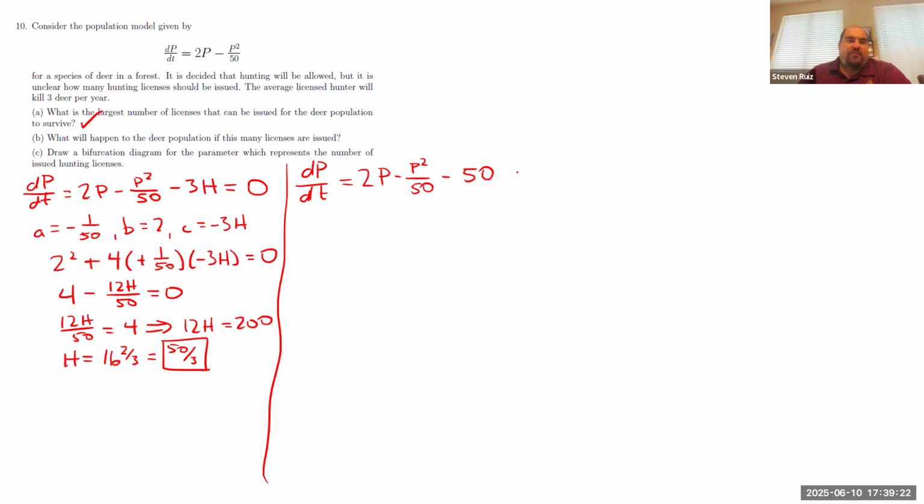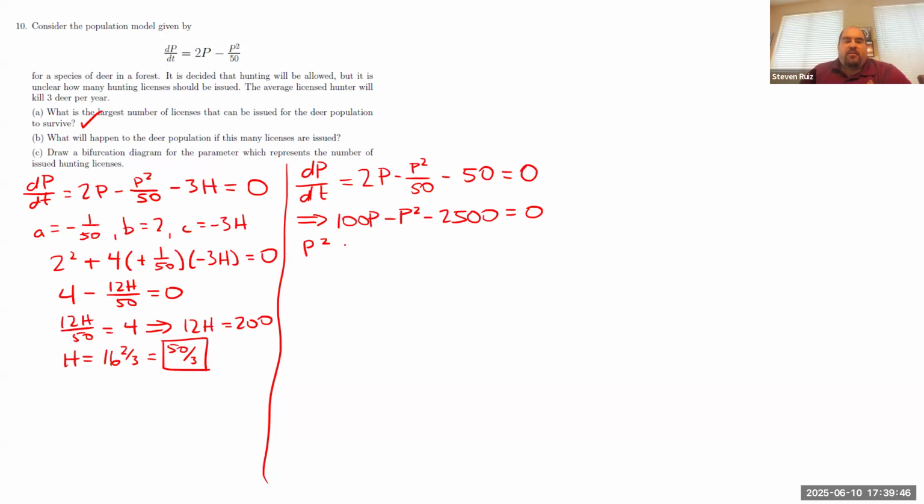All right, so let's figure out. So this is an autonomous equation. Let's see if I can model it with a phase line. Set it equal to 0. I'm going to try to clear the fractions by multiplying everything by 50. So what does this give me? This gives me 100p minus p squared minus 2500 equals 0.